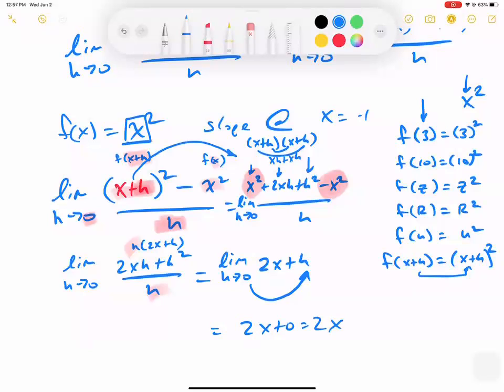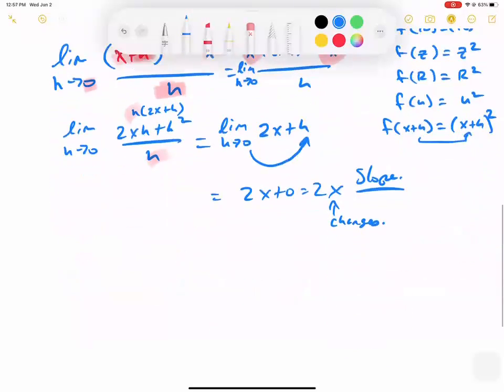Now, what does 2x even mean? 2x is the slope. Isn't a slope a number? You're right, slope's a number. But this is a slope with a variable because it changes. As x changes, so does my slope. Now, let's do some calculations quickly.